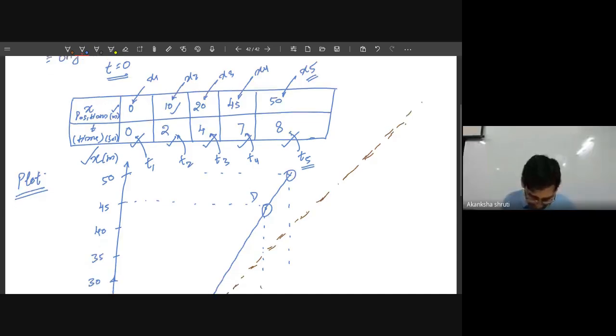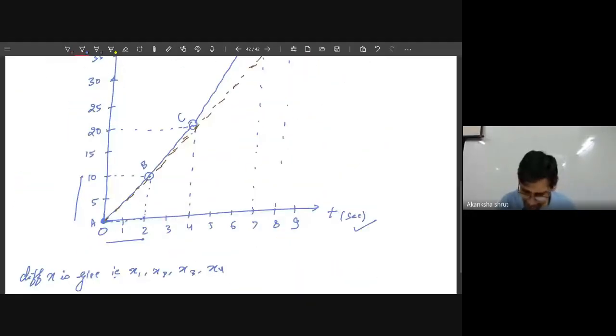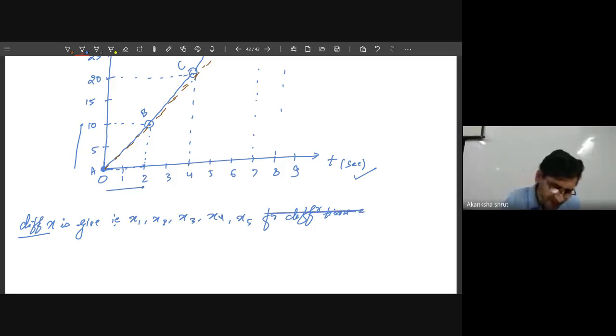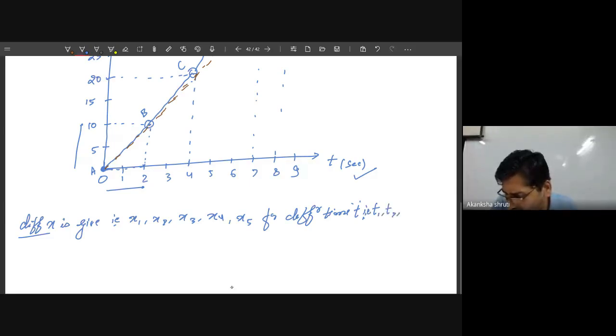So different x is given for different times, and these times are t1, t2, t3, t4 and t5.